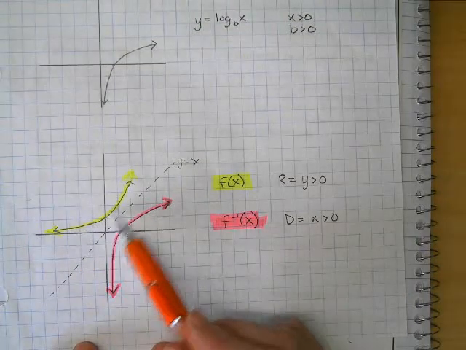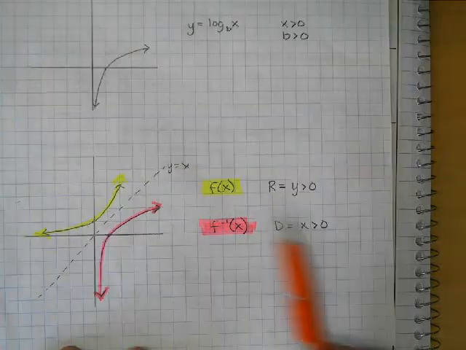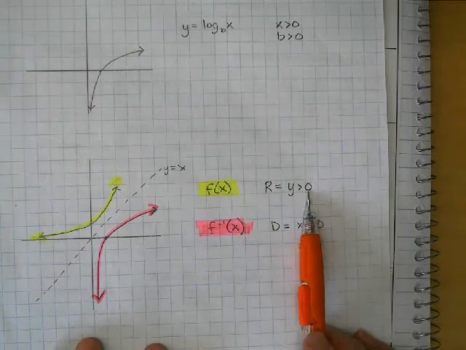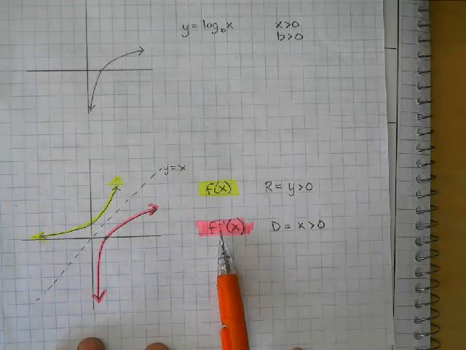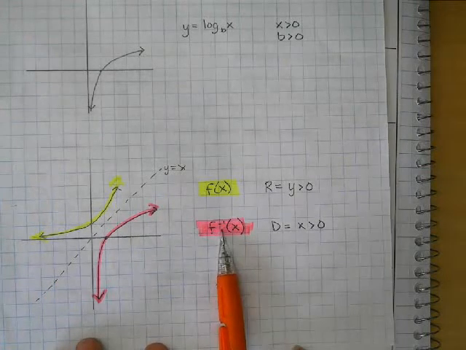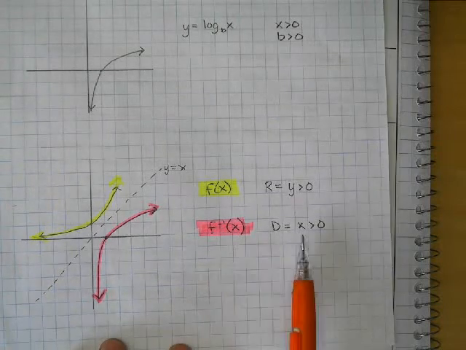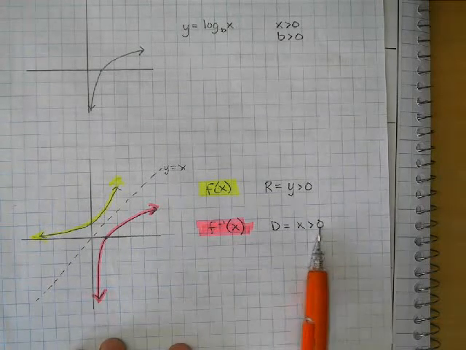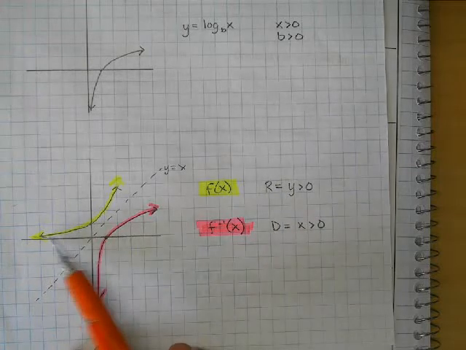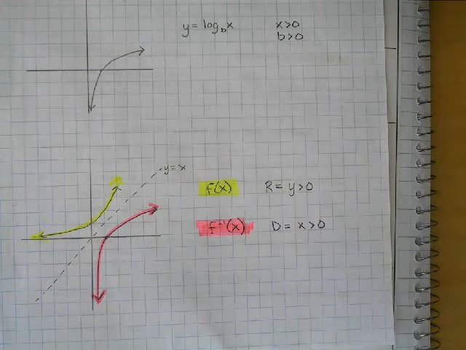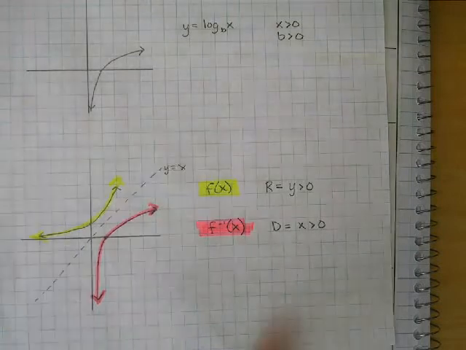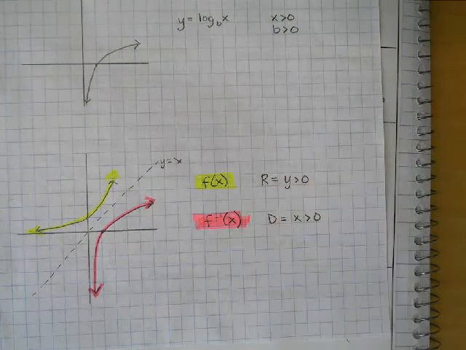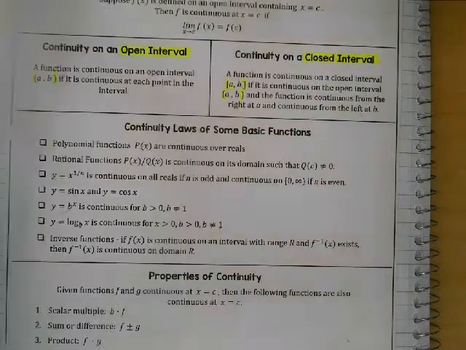So here they're telling me, well, the range of that is all values of y that are greater than 0. Okay, well, then the domain of its inverse function, where it will be continuous, is x is greater than 0. So you're looking at what is the range of a continuous function, and its inverse function will be continuous on that range, technically. Okay, so kind of think about how that works.